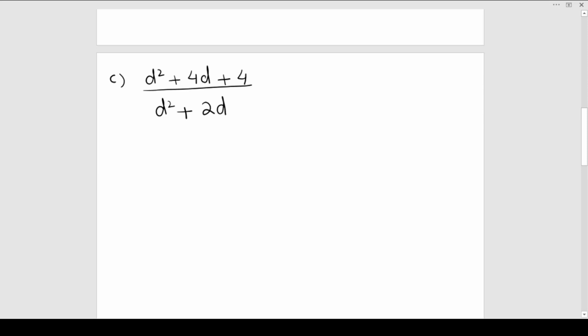In this question, in the numerator we can apply middle term breaking or the first identity. I'll write that for you: a plus b whole square is equal to a square plus 2ab plus b square. This one is the expanded form, I'm talking about the numerator, and we can rewrite it in the short form.